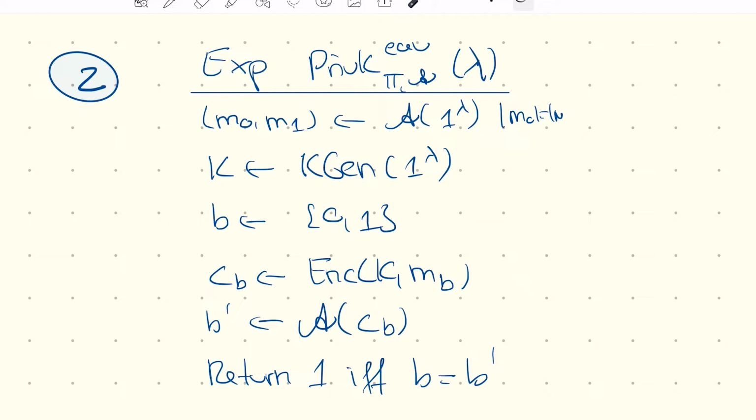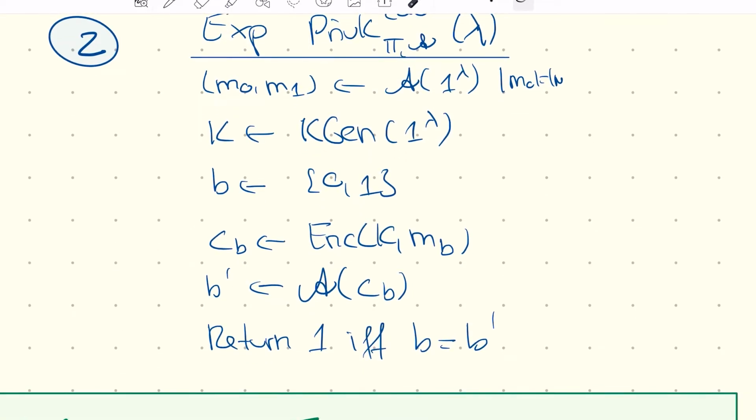In the first step, the adversary receives the security parameter as input and outputs two messages that have the same length. Now we want to create the challenge ciphertext here, CB, and what we need to compute the ciphertext is essentially the key for the encryption scheme and the bit B that tells us which message we're going to encrypt.